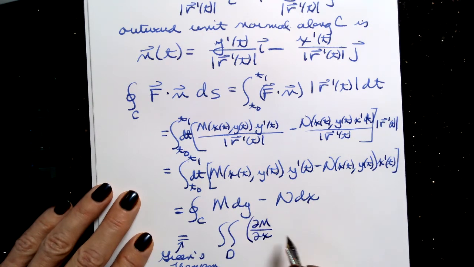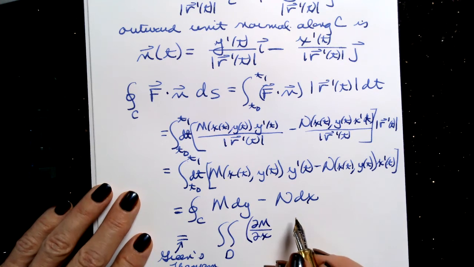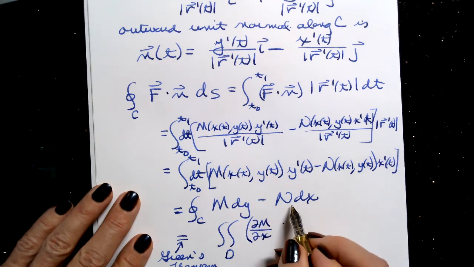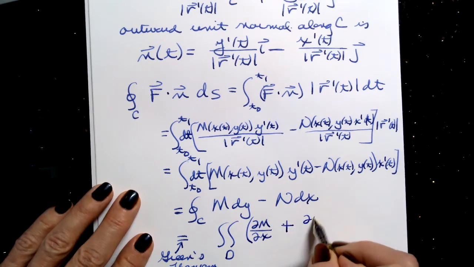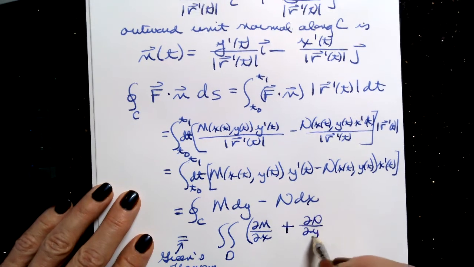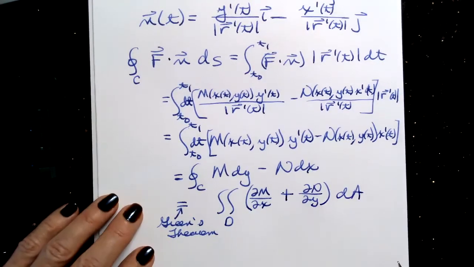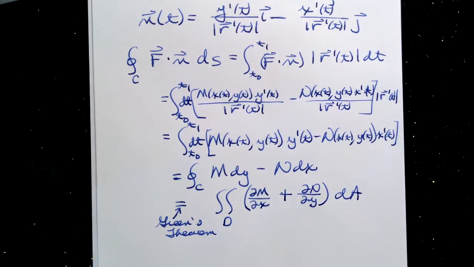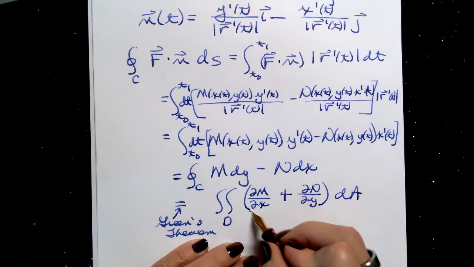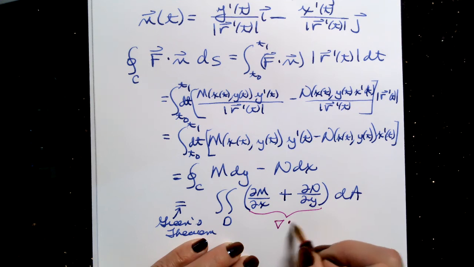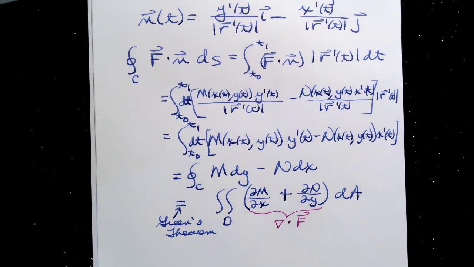And then you look at the coefficient of dx and you take minus the partial derivative of that with respect to y. So minus n, and I take minus that, which gives me a plus, and I differentiate that with respect to y. And then it's dA. That's exactly what Green's theorem says in this case. But now when you stare at that for a second, you recognize, hopefully, that this is the divergence of f.